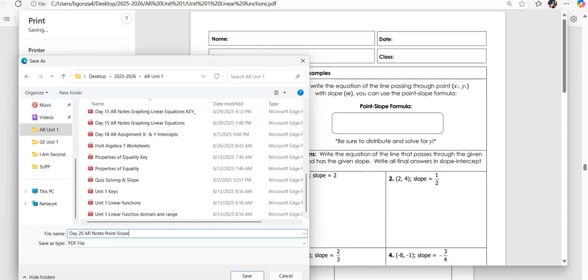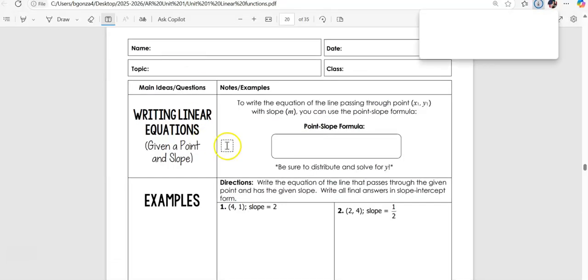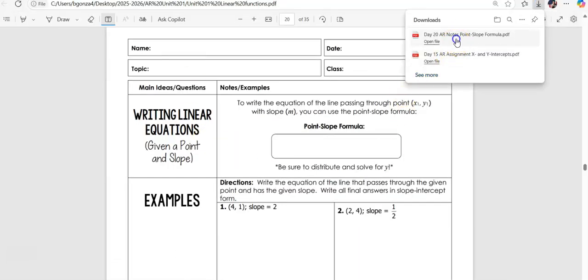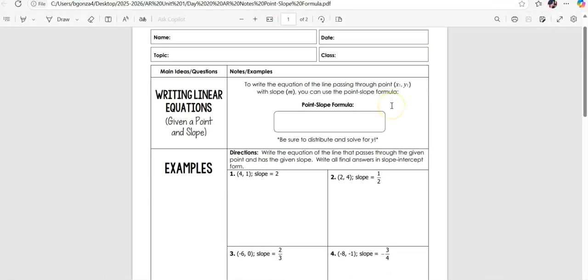We're going to do a little bit of notes and then I'll give you the assignment. Here we go.